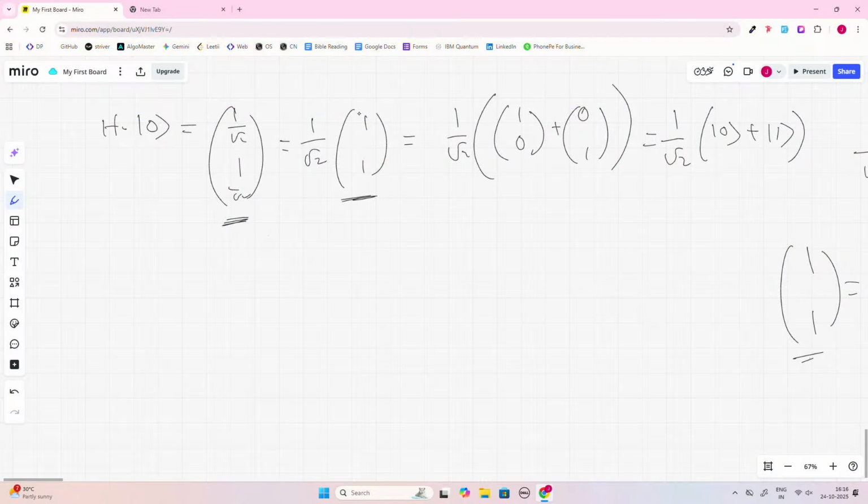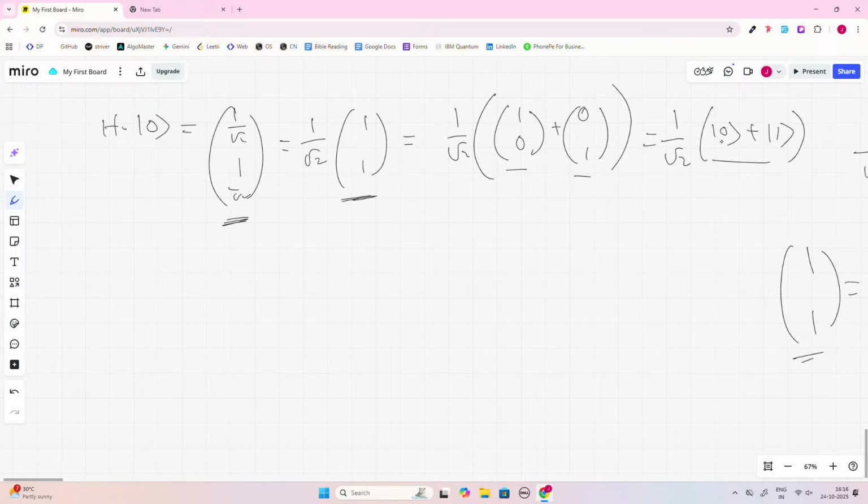So that's why I decomposed this [1, 1] as [1, 0] plus [0, 1]. [1, 0] is my base state, ket 0. [0, 1] is my base state, ket 1. I converted this into a linear combination of the base states. Linear combination is nothing but addition or subtraction. And this is the output I got.